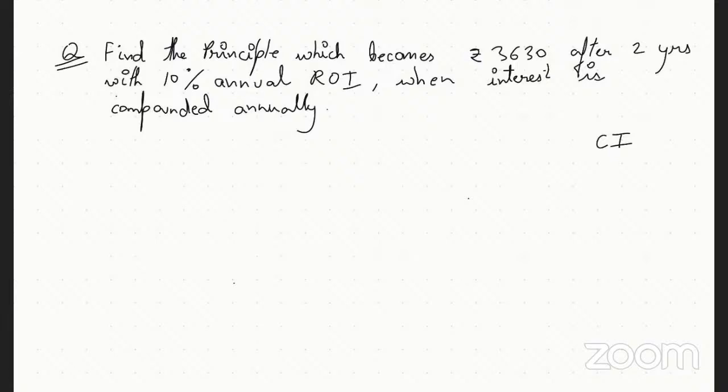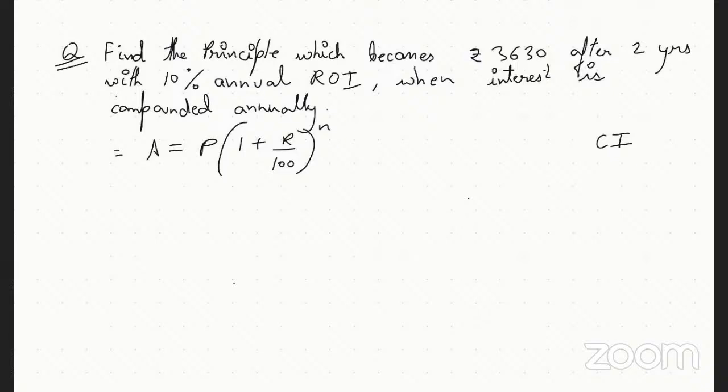Amount equals principal times 1 plus R by 100 raised to the power N. The amount is given in the question, that is 3630. ROI is rate of interest, 10% annual rate of interest.